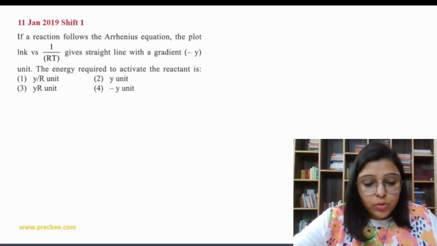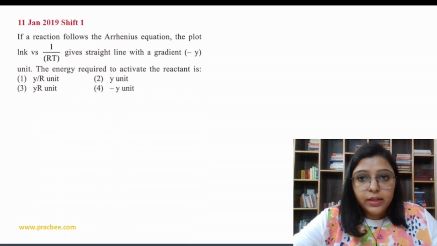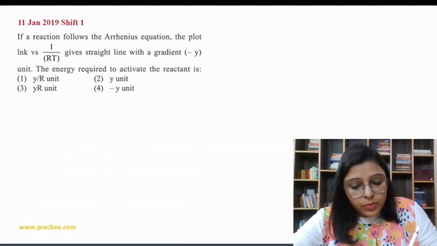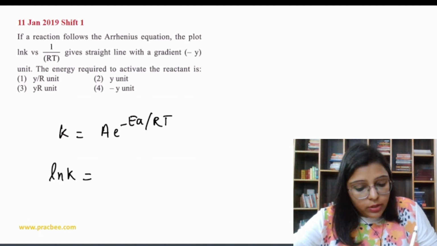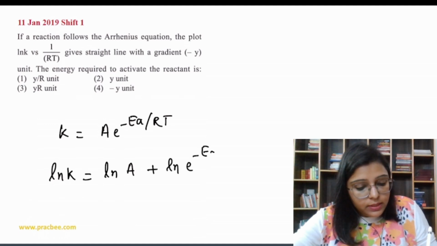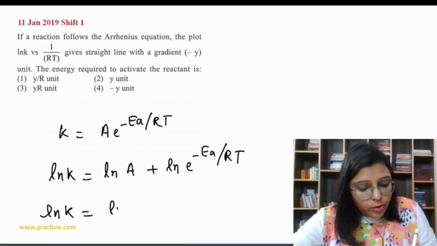If a reaction follows the Arrhenius equation, the plot of ln K versus 1 by RT. So K is equal to A e to the power minus Ea over RT. So we have ln K is equal to ln A plus ln e to the power minus Ea over RT. So we can write ln K is equal to ln A minus Ea over RT times ln e.